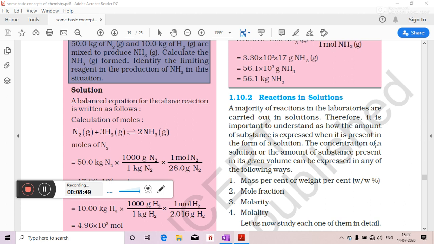The concentration of a solution or the amount of substance present in its given volume can be expressed in any of the following ways. So these are the different ways of expressing the amount of solution, or we say concentration of solution.